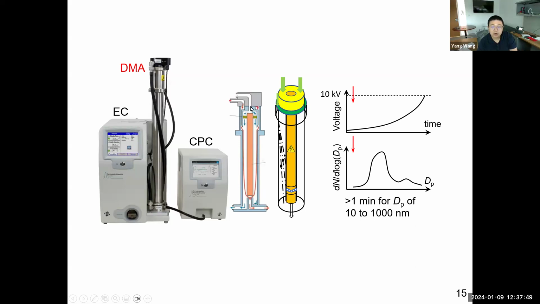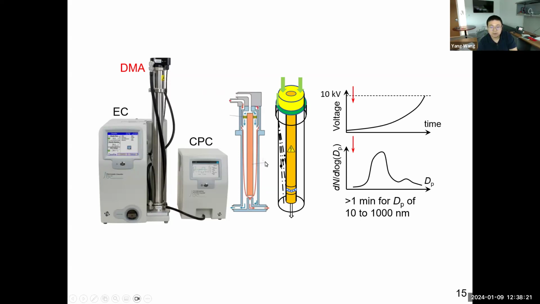People normally use a 10-to-1 ratio, right? Now you can imagine if there's no electrical charge or no voltage, then the particles will just move downwards because of the sheath flow, and they can never get any motion in the horizontal direction. Now, if we charge the inner electrode, give it a certain high voltage, and at the same time charge the particles with certain sources, then we can achieve a separation of the particles.